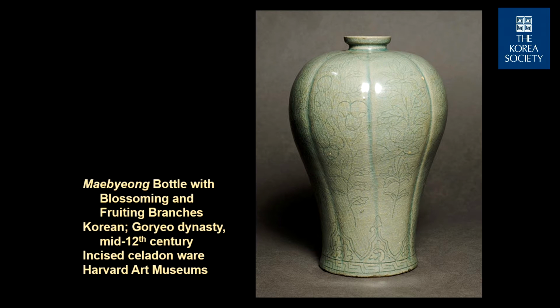By the mid-12th century, of course, they're doing incised decoration. You have alternating branches of fruiting and flowering plants there. But also notice that they're sort of following in the Chinese footsteps of having vessels that imitate shapes in nature. So it imitates with its segmentation a melon, something like that.